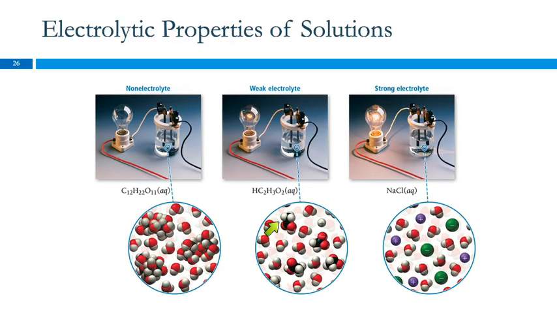Here we have a weak electrolyte, acetic acid. It forms some ions, so it will conduct electricity a little bit, and so the light bulb is kind of glowing, but just barely. That's weak. And here we have the strong electrolyte. They all separate into ions. Lots of things to carry the charge, so it flows better, and the light bulb gives off a strong light. Any questions?